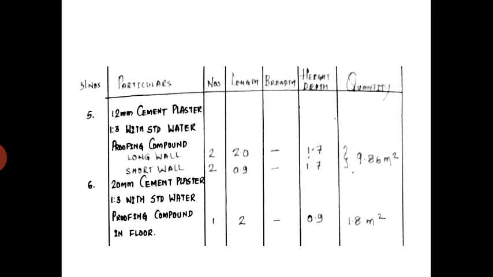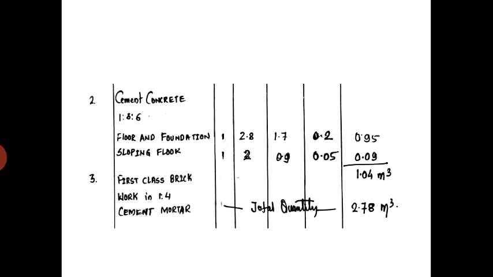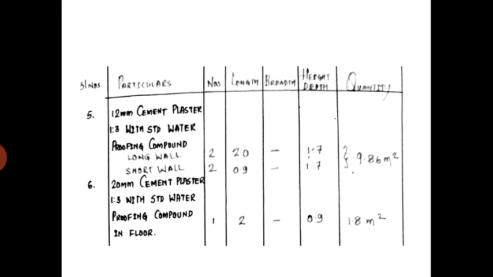Then if you calculate the total, you will get 9.86. See, 1.7 whatever is there, the same thing you can place here. Total quantity you will get is 9.86 meters square.